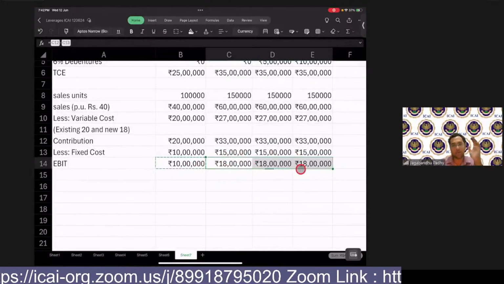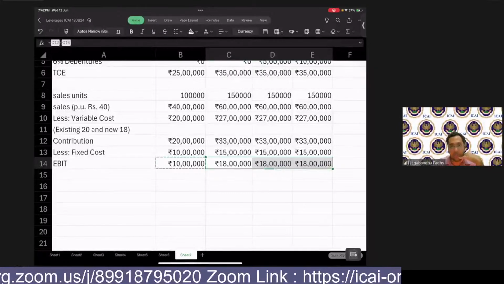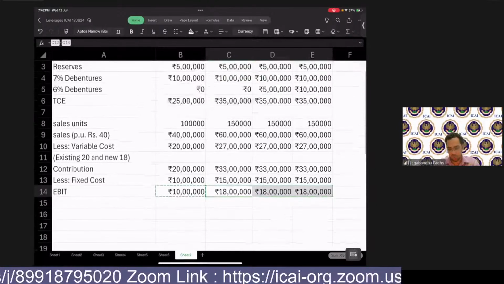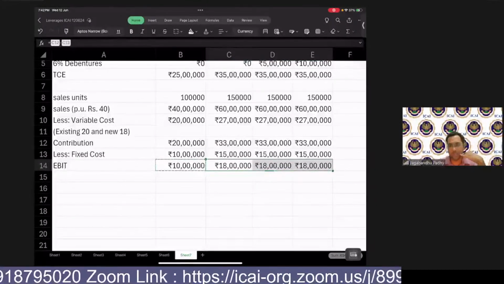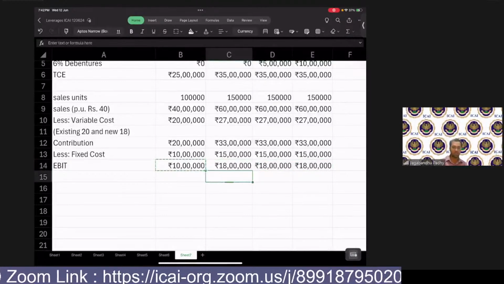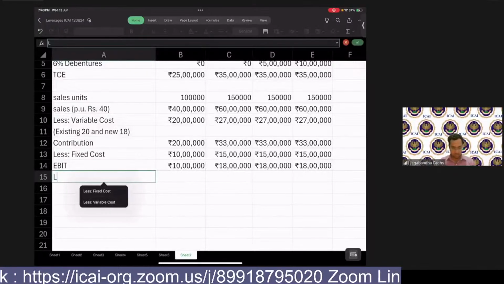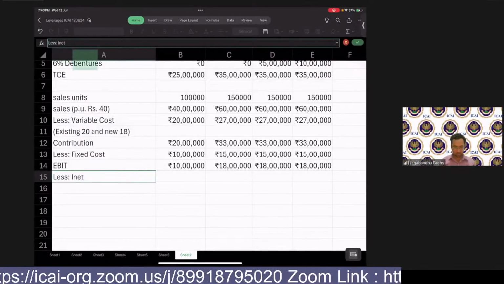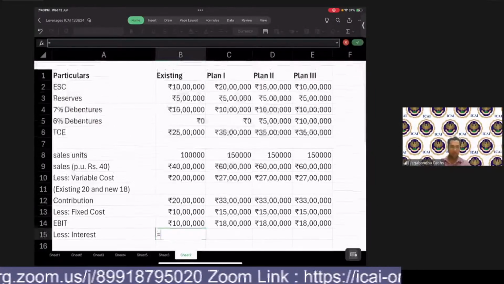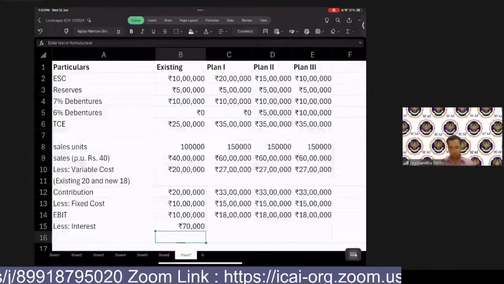Up to the financing part, all the three plans will seem similar, up to the EBIT portion, because that is the operations part. Now, if you look at the subsequent part, there will be changes because interest will differ as per the mode of finance. So interest will be debentures multiplied by 7%.